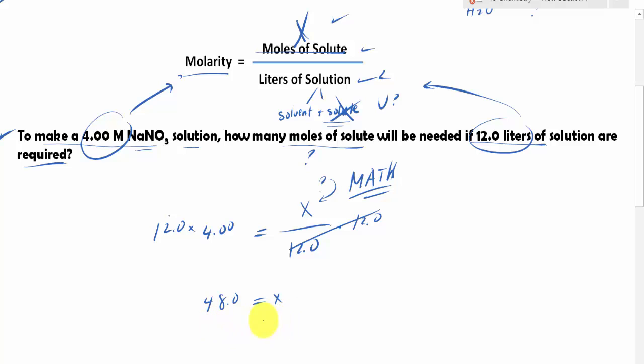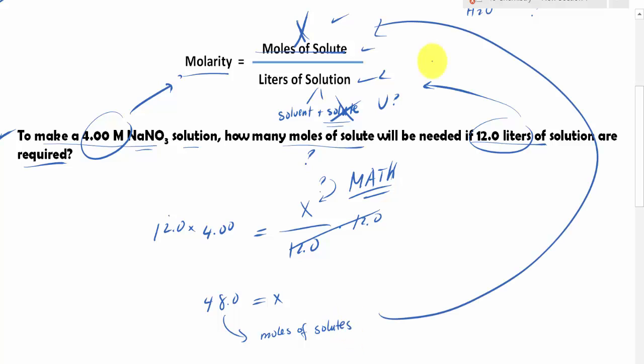Now what does that mean? That 48.0 is actually 48.0 moles of solute based on our equation. So again, using this basic math skill, you can ignore the units and we don't have to worry about a bunch of numbers and letters at the same time.